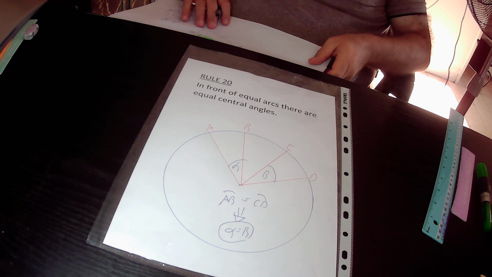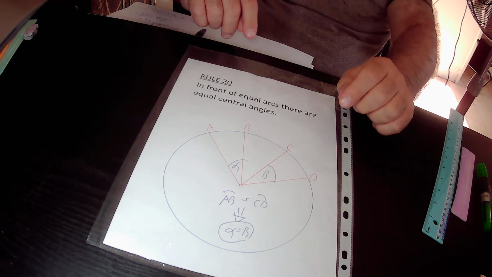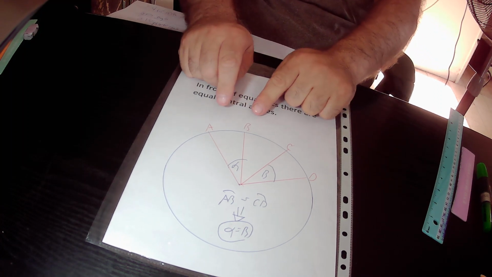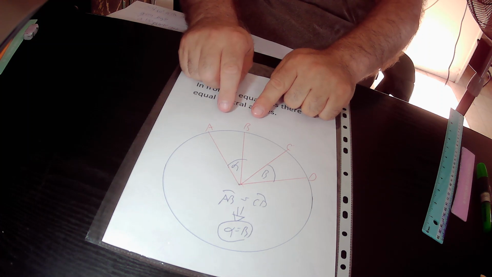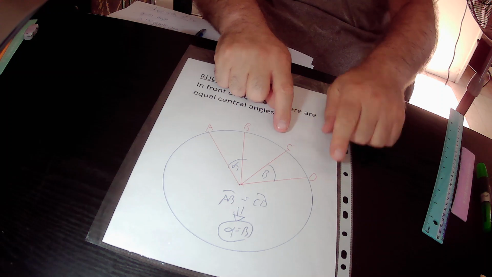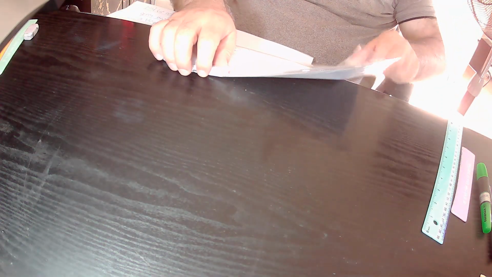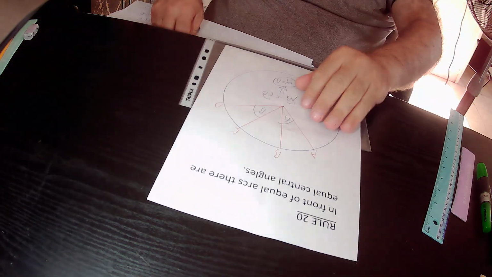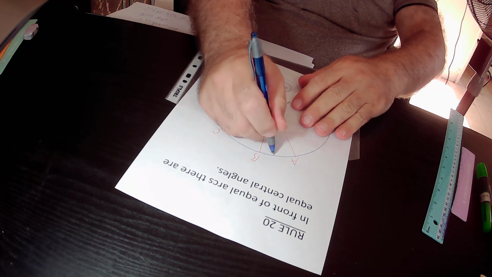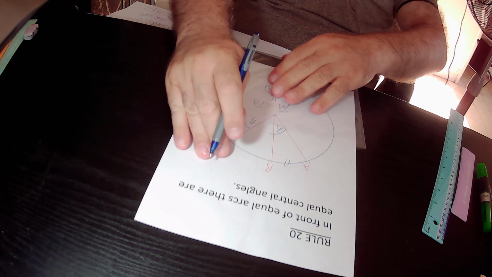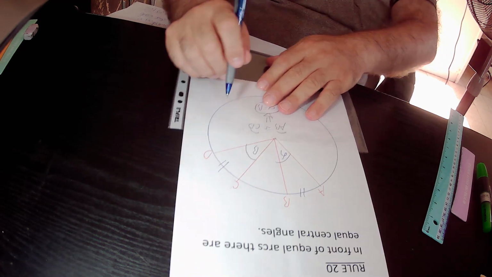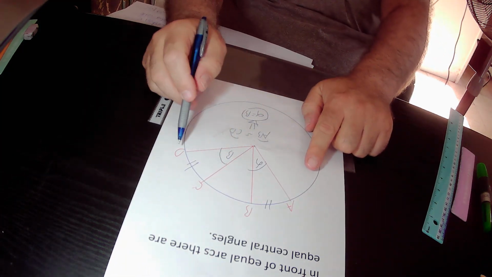So in the drawing, we have a circle, and we also know that the length of arc AB is equal to the length of arc CD. Again, arc AB equals arc CD in its length.